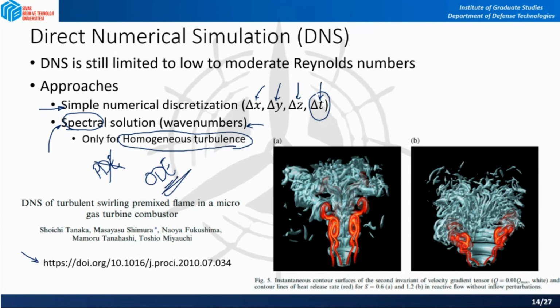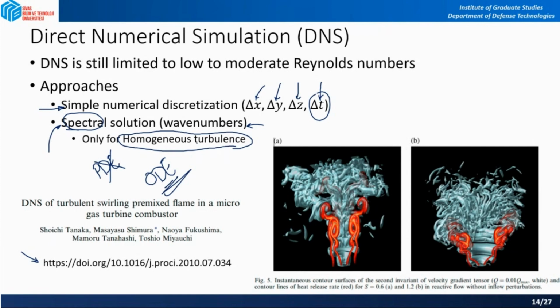So as a wrap up, in DNS you resolve all the scales. There is no modeling. There is a single realization of the flow. It is conceptually simple, it has very high accuracy, and it has a very high level of description or details. But you have to pay for this, and that is its cost.